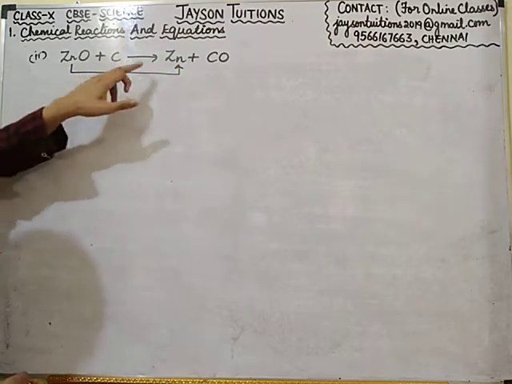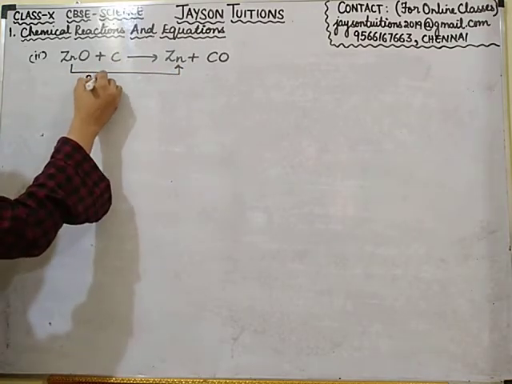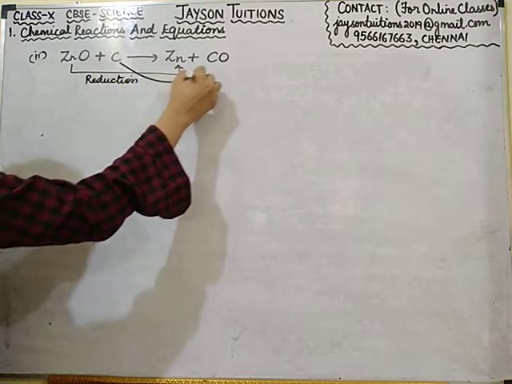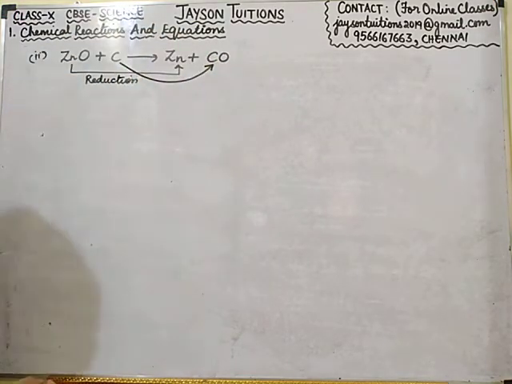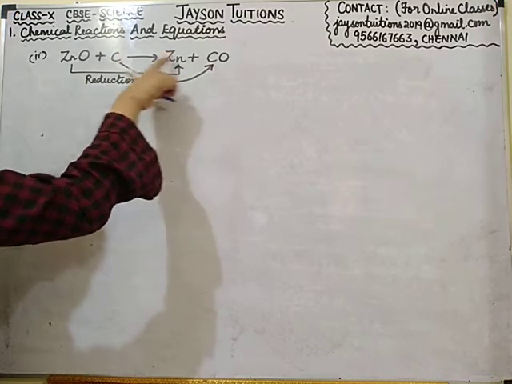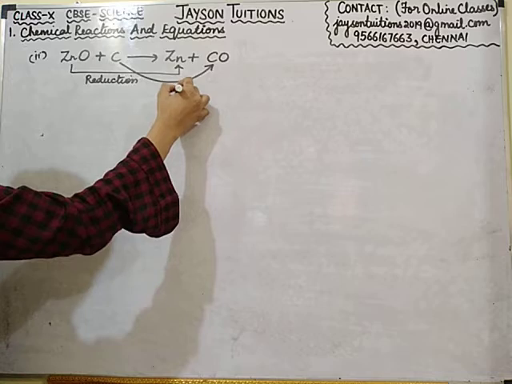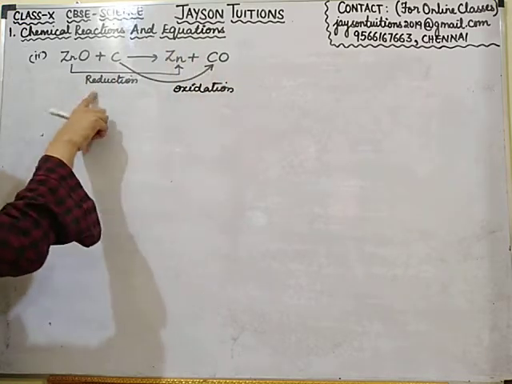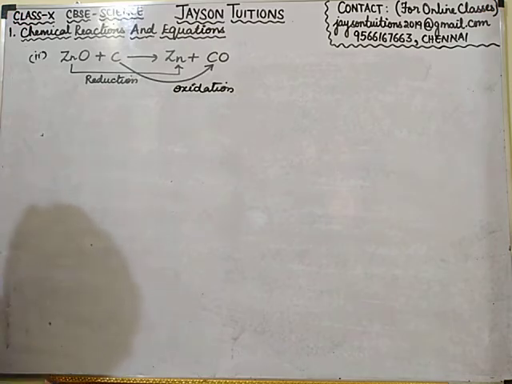Removal of oxygen, so this step is the reduction step. And here carbon is getting converted into carbon monoxide. Oxygen is added to carbon, so addition of oxygen is oxidation. So both oxidation and reduction are taking place, so it is an example for a redox reaction.